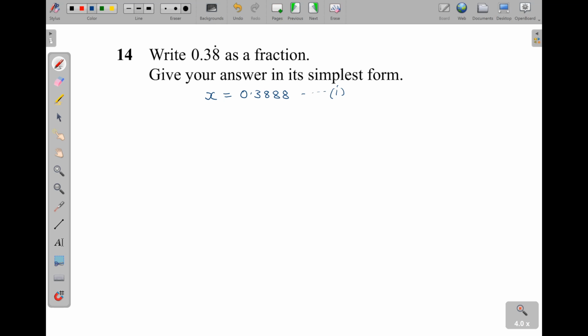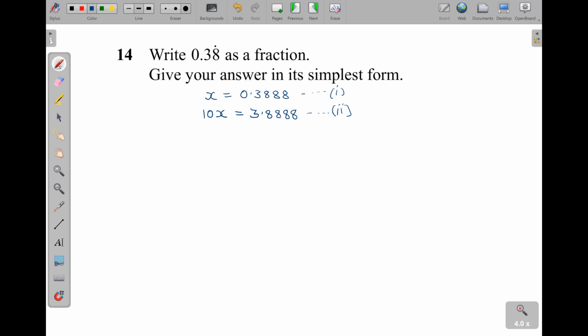Then equation number 2: you can see that this 3 here is the only number that is not recurring on the right. So I'll multiply through by 10. On the right, I just want only the number that is recurring. So we shall have 3.8, again maintaining the decimal places to 4, because these 8s are still continuing.